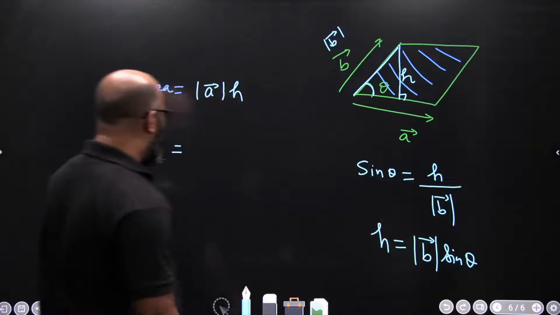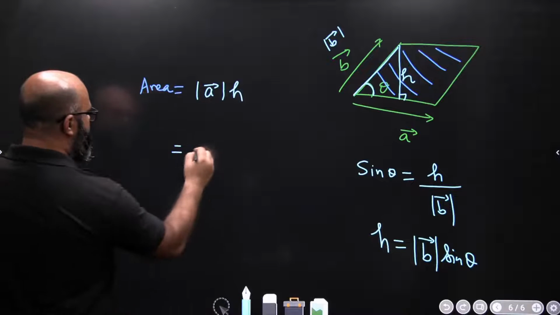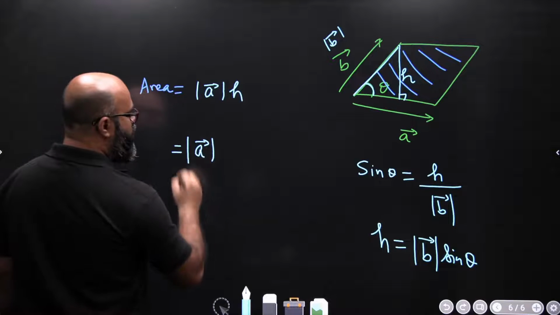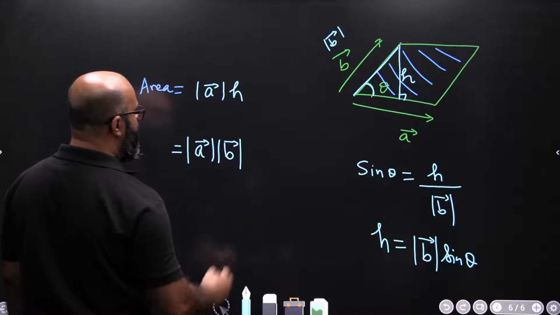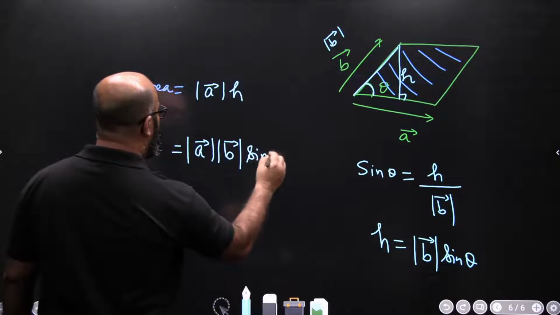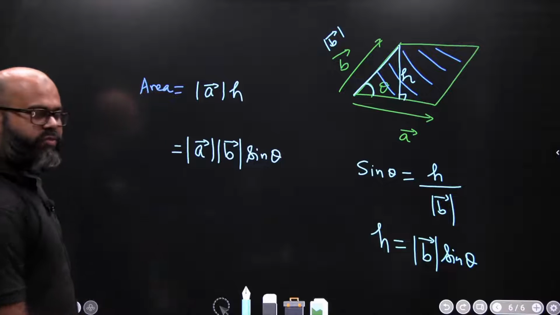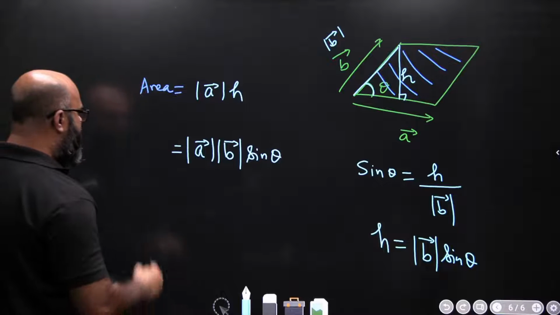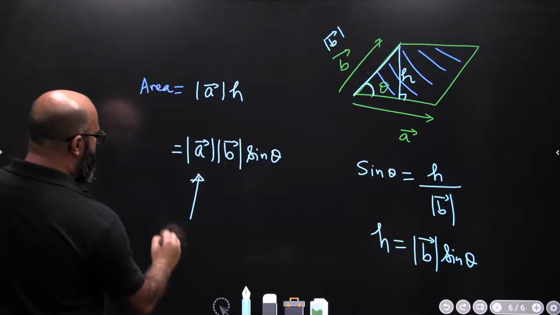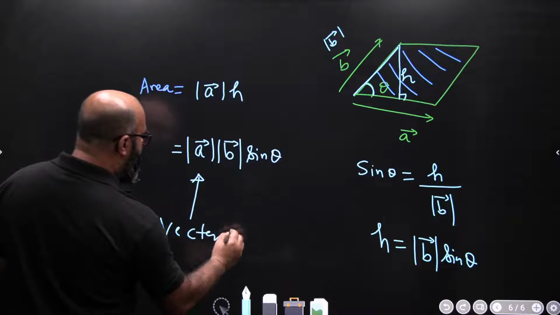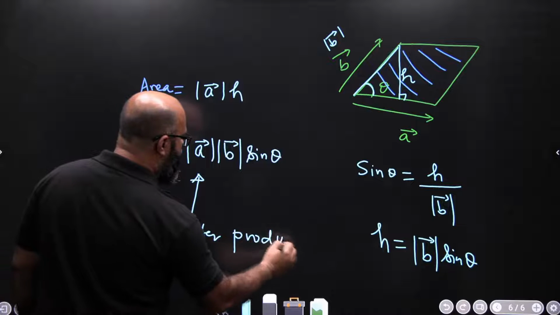So let us substitute it here: mod A into mod B into sine theta. This is the area of this parallelogram. Now how can we write this area? Now come the concepts of vector product, so we will come to the vector product, or the cross product.